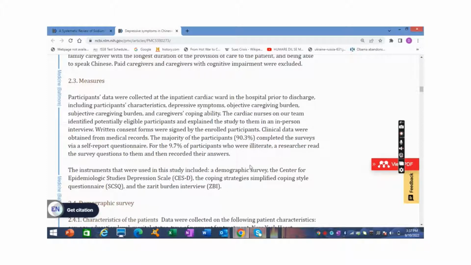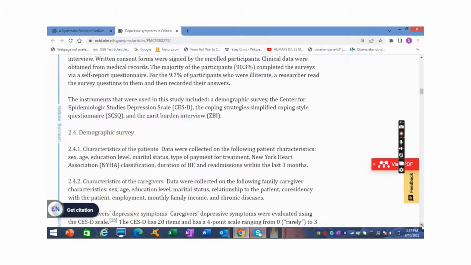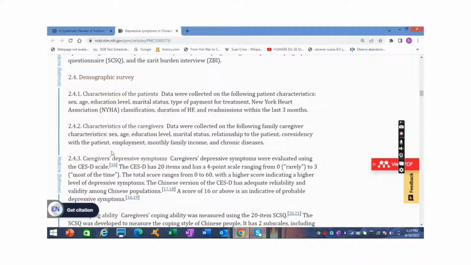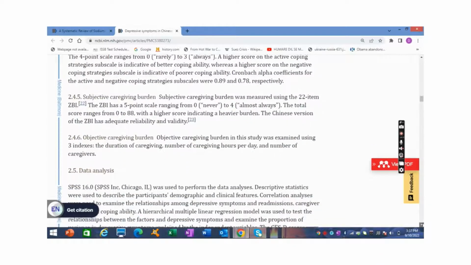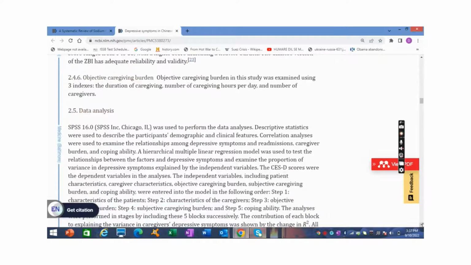So it applies three methods of data collection: a survey, a questionnaire, and an interview. Then it describes the characteristics of caregivers with depressive symptoms. So whatever he did during the data collection and compiling, he is telling you.